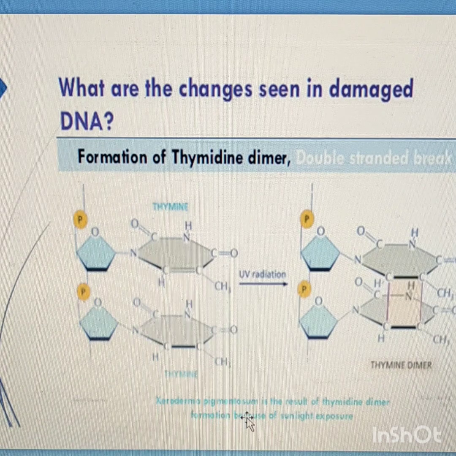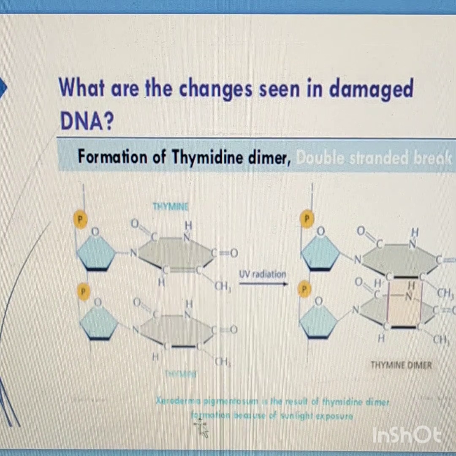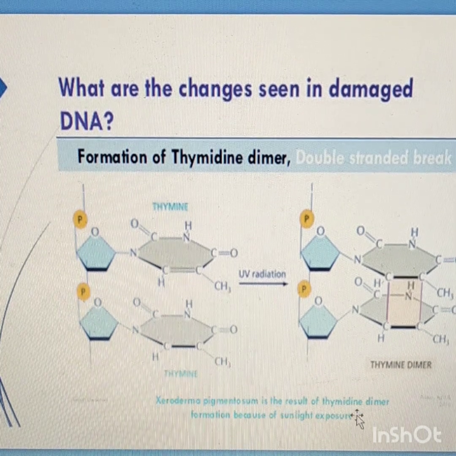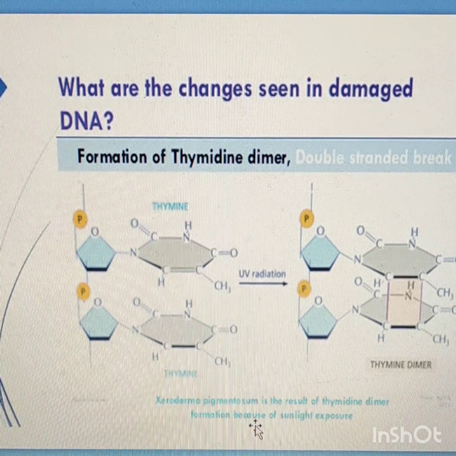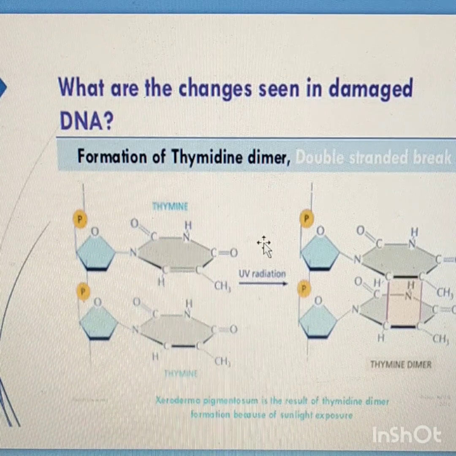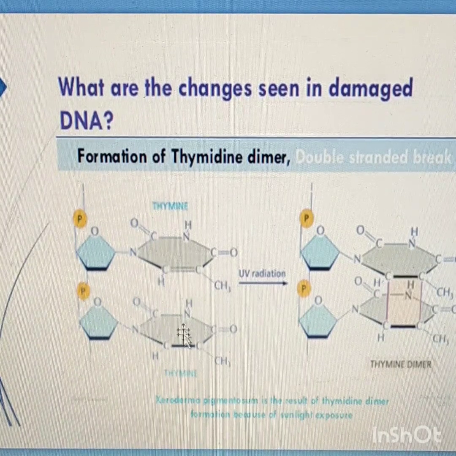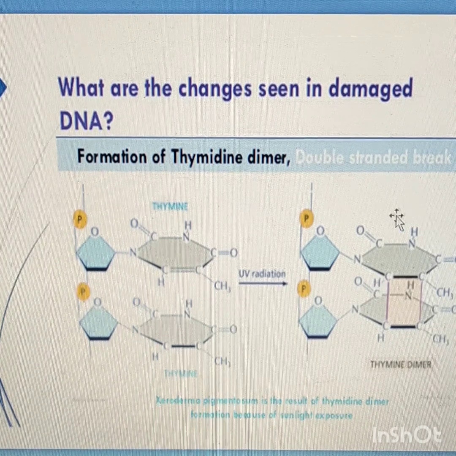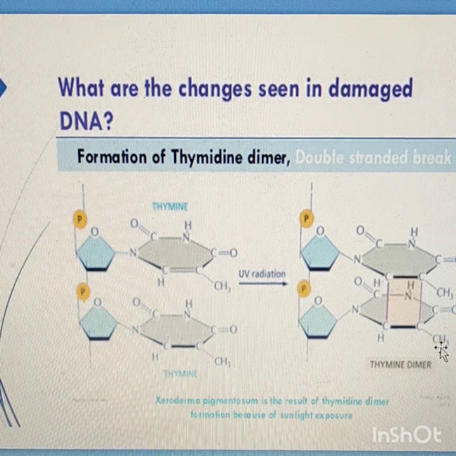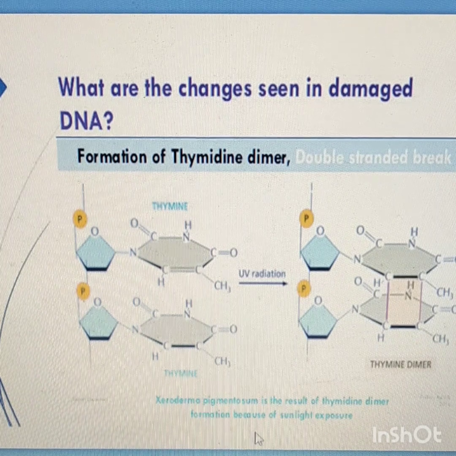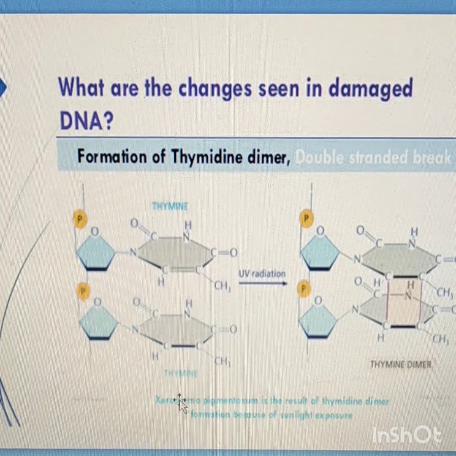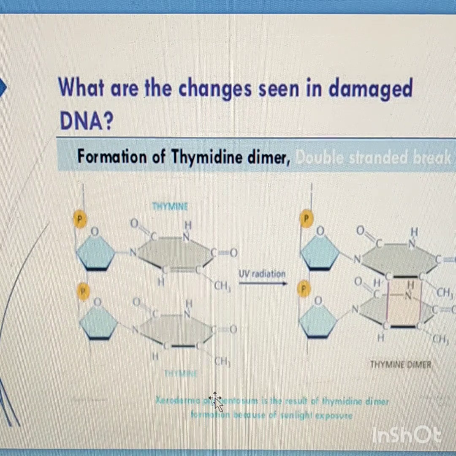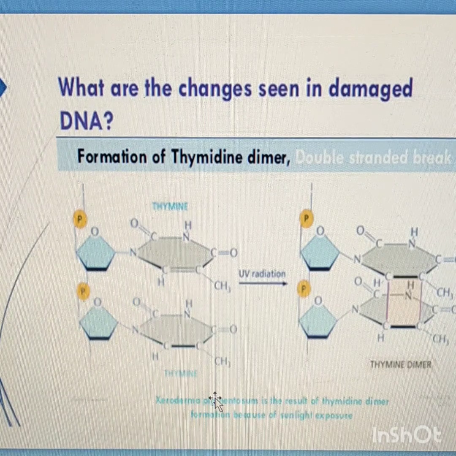So what are the changes seen in damaged DNA? Xeroderma pigmentosum is the result of thymine dimer formation because of sunlight exposure. Here we can see there are two molecules of thymine. After UV radiation, thymine dimer is formed, and Xeroderma pigmentosum, the inherited condition, is caused by mutation in the genes that are involved in repairing damaged DNA.